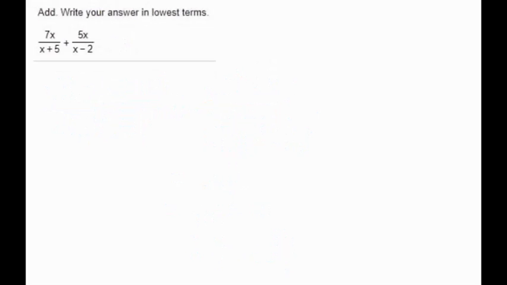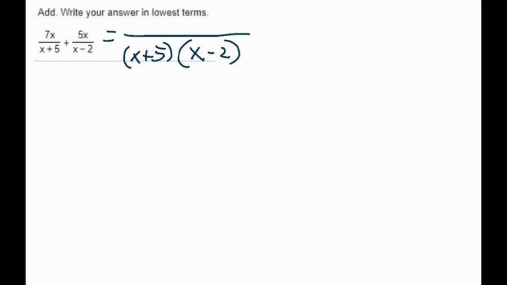Okay, so now they're getting a little more complicated, but what we want to do again is find a least common denominator here. The least common denominator is going to be x plus 5 times x minus 2.